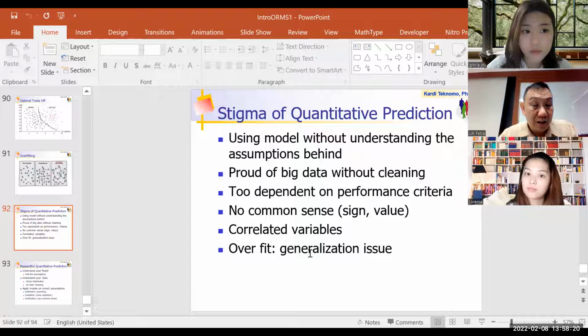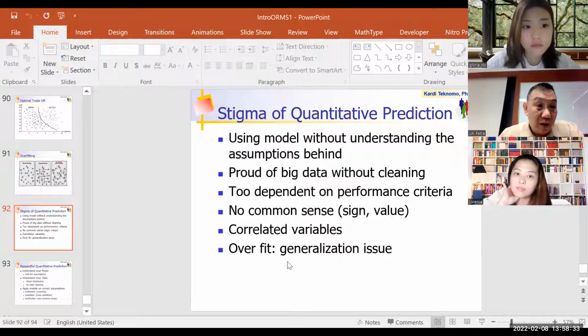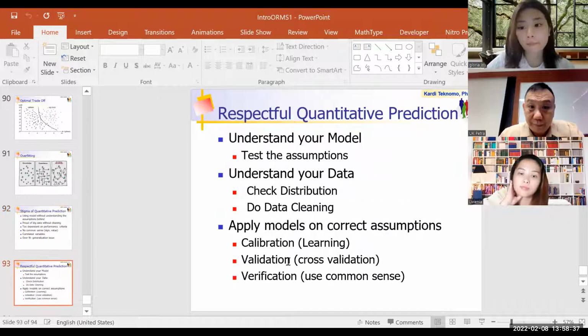Okay? Correlated variables, earlier. Yeah? So don't use correlated variables in one model. And the last one is, of course, a generalization issue. Yeah? Don't make your model overfit. Okay? So come back to the earlier.